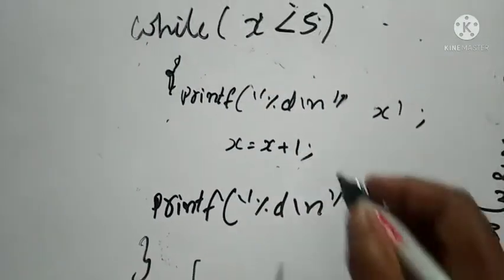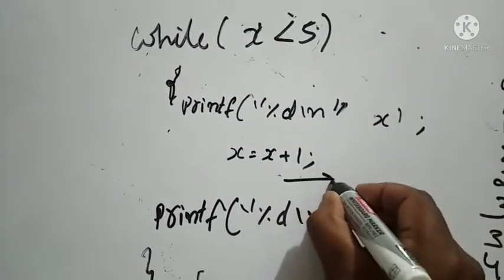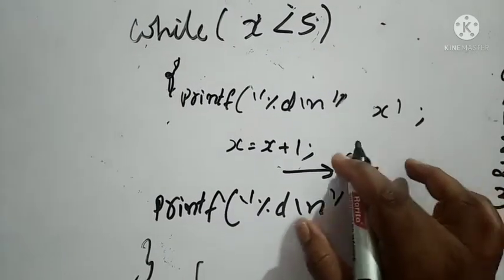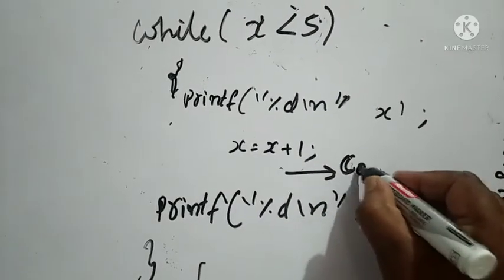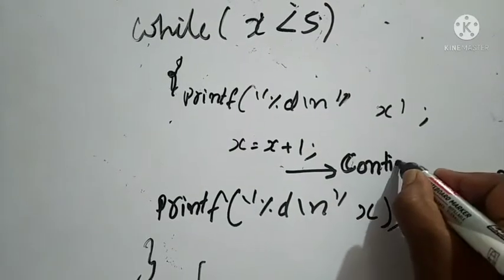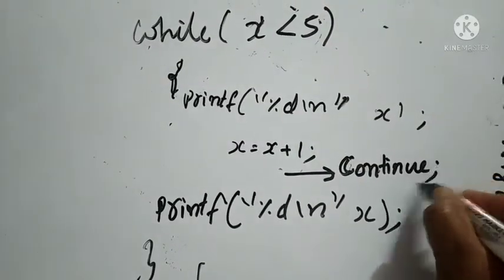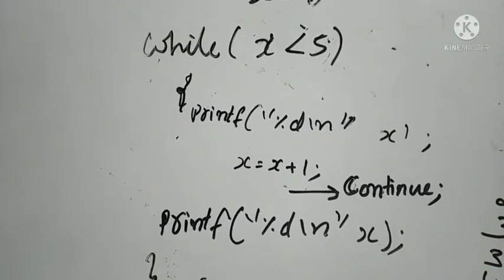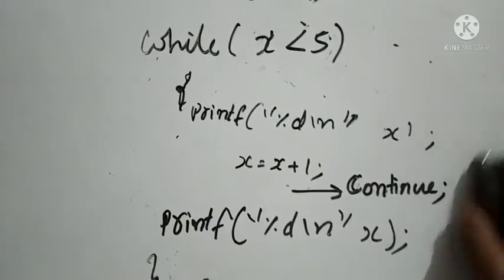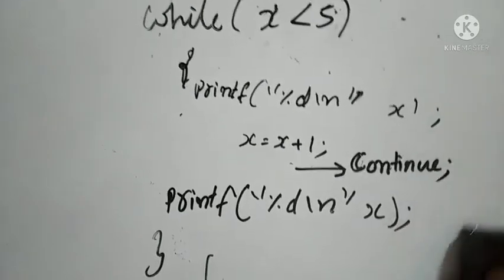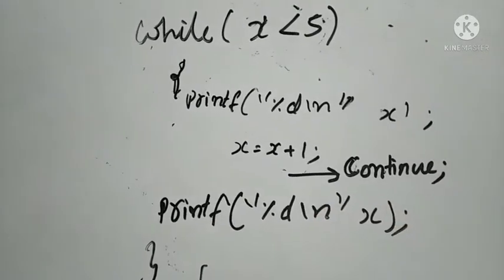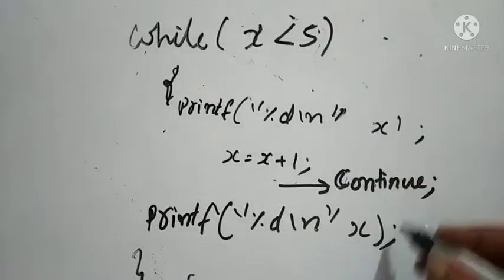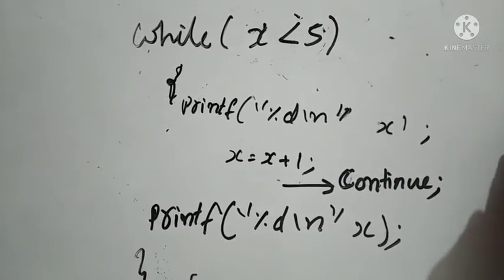Why am I telling this? There is one statement called continue. If I use the continue instruction in between in the same program, then what happens? It will produce the result like this.